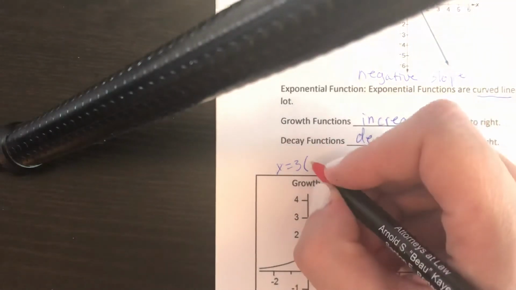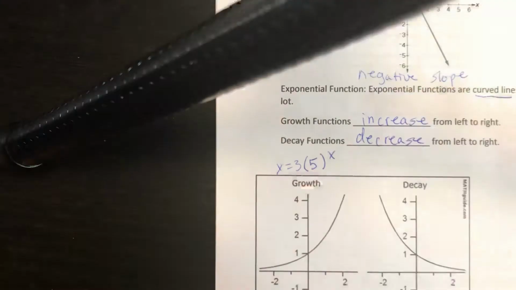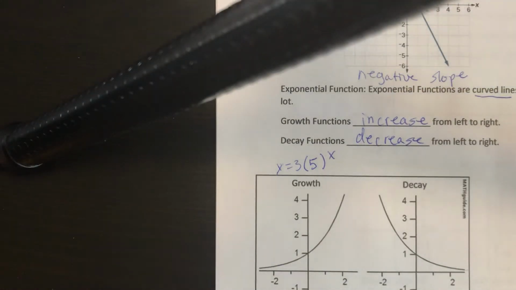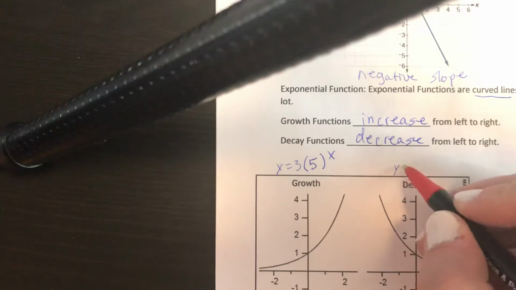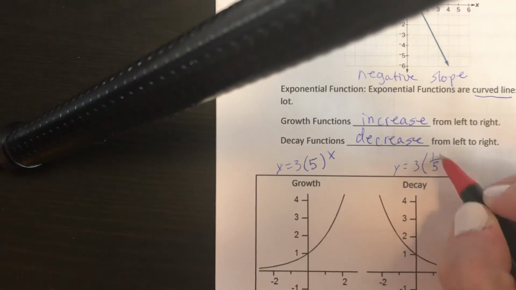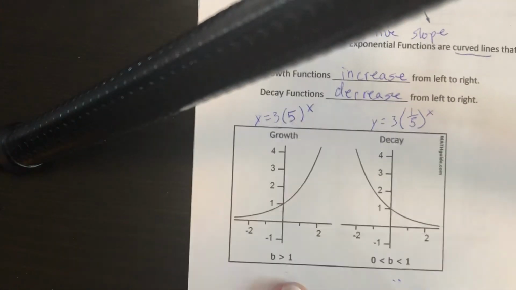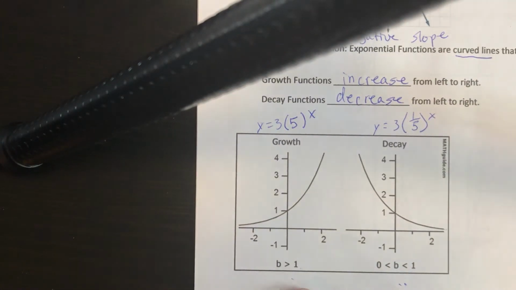Let's just say 5 to the x. So that'd be an example of a growth function. A decay function would be something that is less than 1. So if I had 3 times 1/5 to the x, my b value is less than 1, between 0 and 1. That would mean it's a decay function.